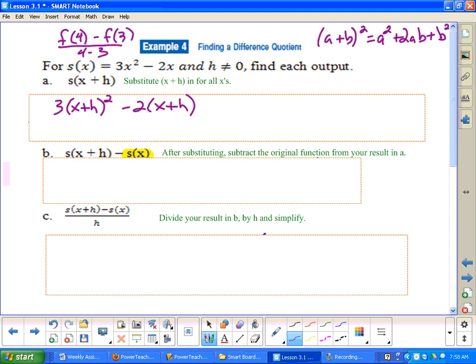It's real important to be able to use that because it'll quicken this up for you. Otherwise, it becomes grueling because you're spending a lot of time doing x plus h times x plus h, so the foiling takes a long time. So here I have 3 times x squared plus 2xh plus h squared. All of that is the perfect square trinomial.